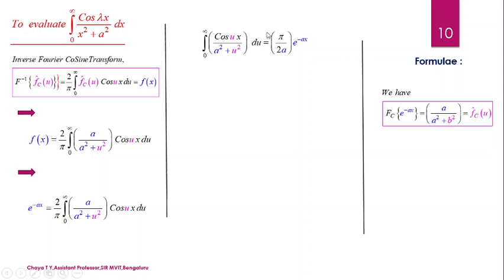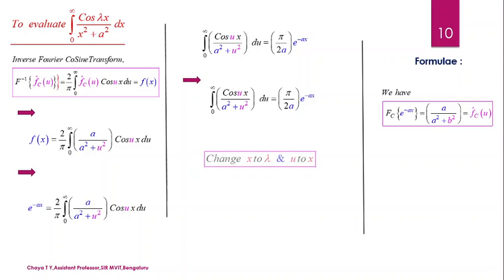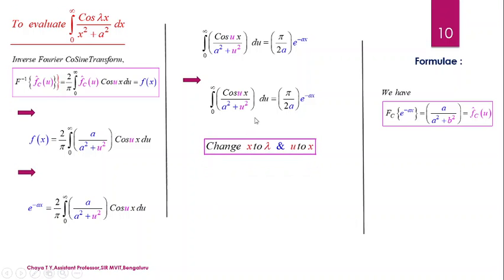Now when I compare this LHS of the expression with the integral to be evaluated, I have to rewrite the expressions for u and a. So I change the variable x to lambda and also u to x.